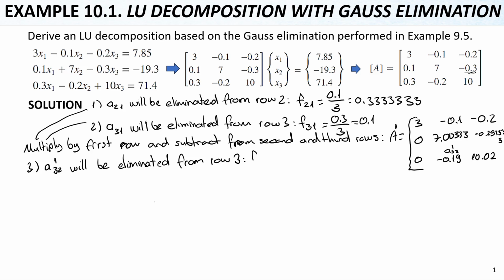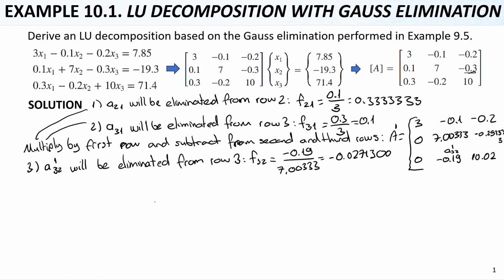So F32, maybe we can say this way, is 0.19 divided by, now we will multiply by this, that's why we divide by this to make it 1. So this is the value which gives us minus 0.0271300. And subtract this from the third row.